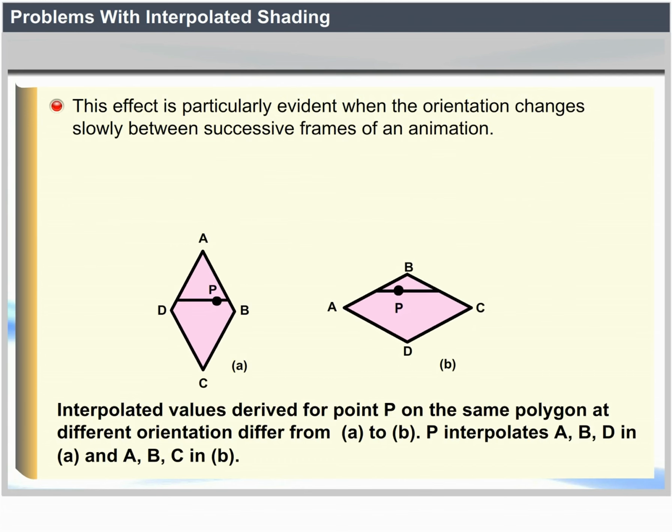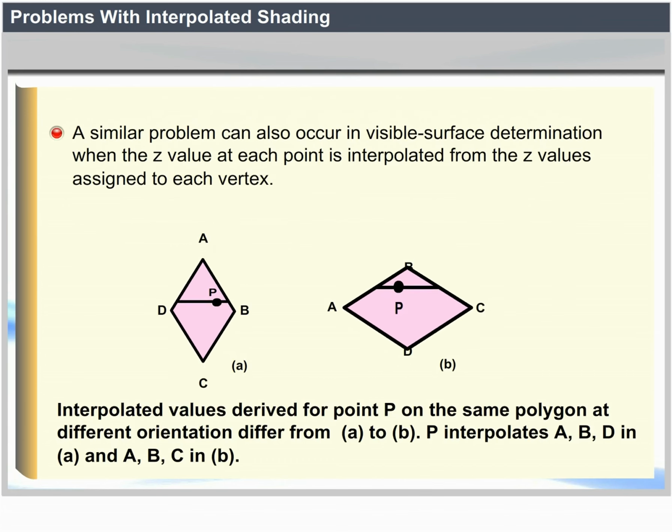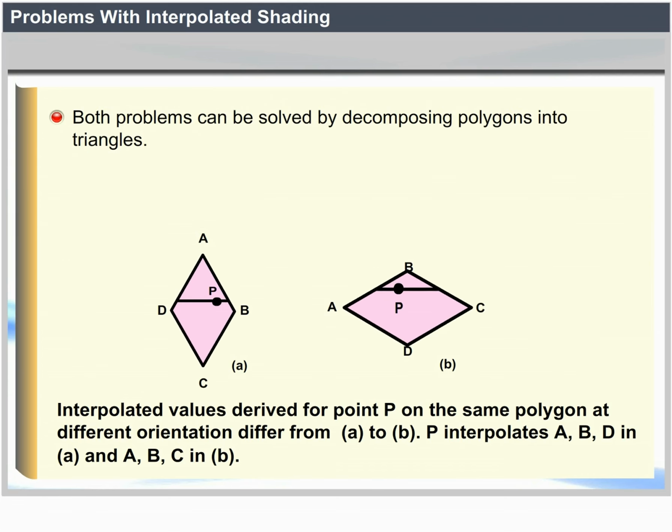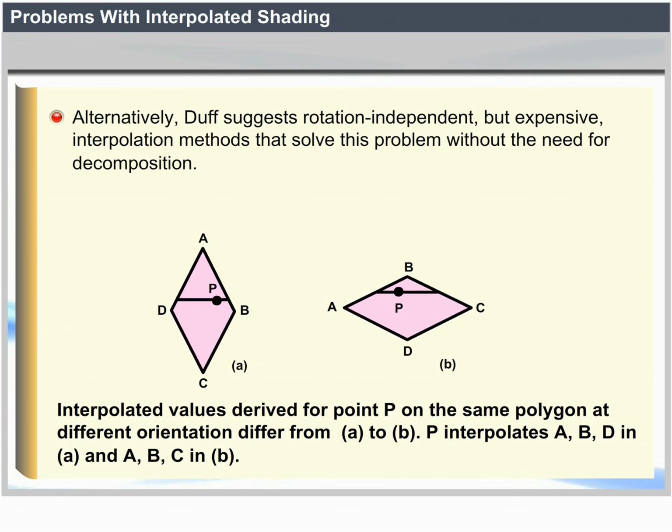A similar problem can also occur in visible surface determination when the Z value at each point is interpolated from the Z values assigned to each vertex. Both problems can be solved by decomposing polygons into triangles. Alternatively, Duff suggests rotation-independent but expensive interpolation methods that solve this problem without the need for decomposition.